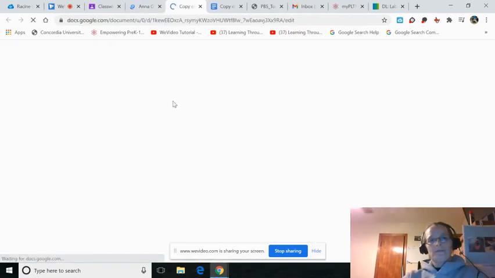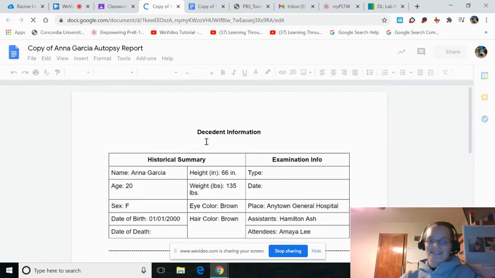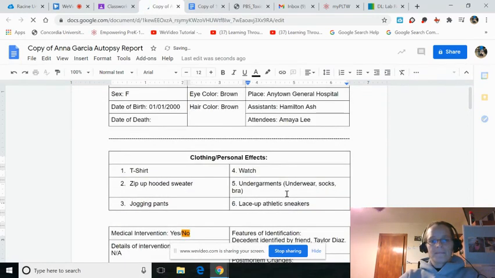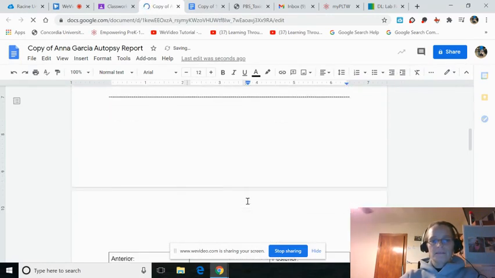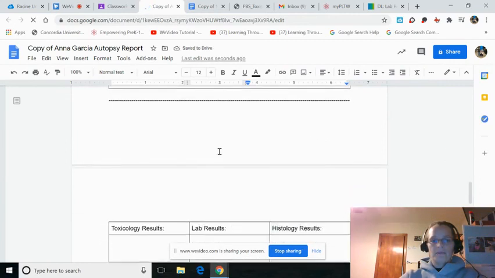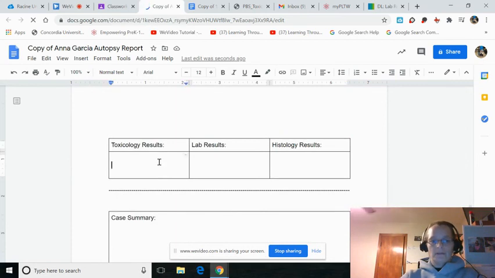And you are going to put in toxicology results. First, the type of autopsy. We didn't fill that out. Here we go, forensic. We have all this done. We don't have that yet. It's going pretty quickly. Toxicology results: caffeine and aspirin present in body.